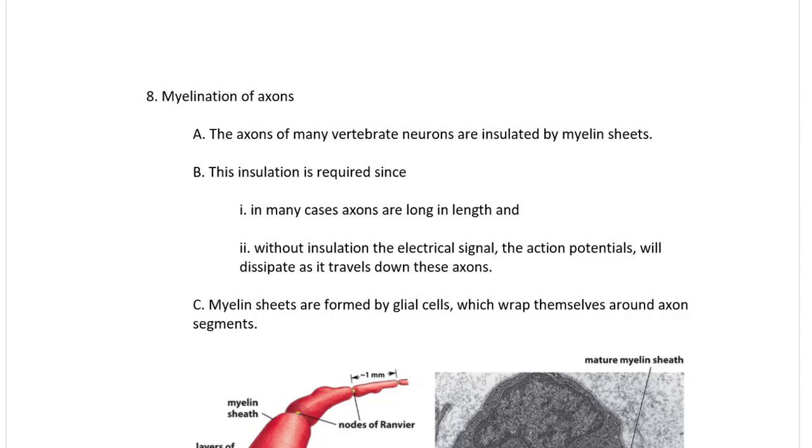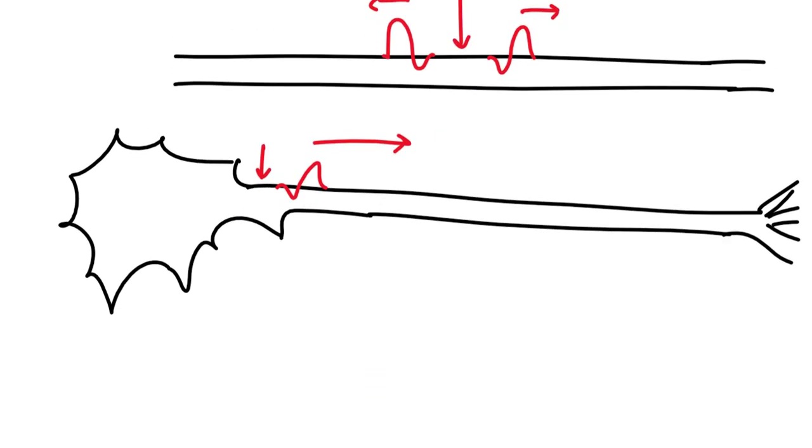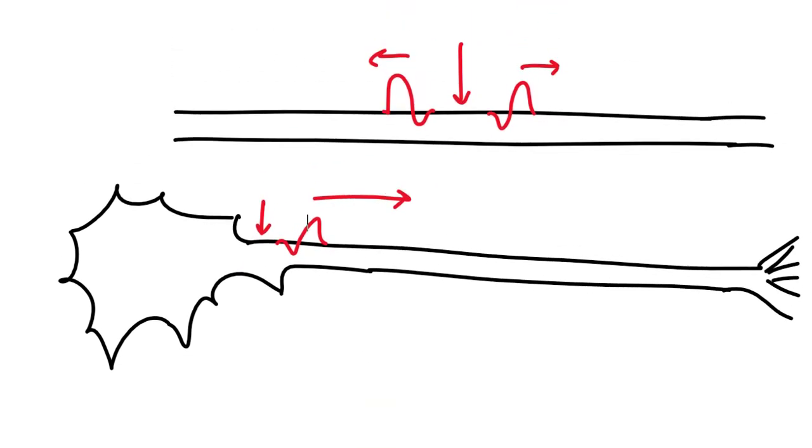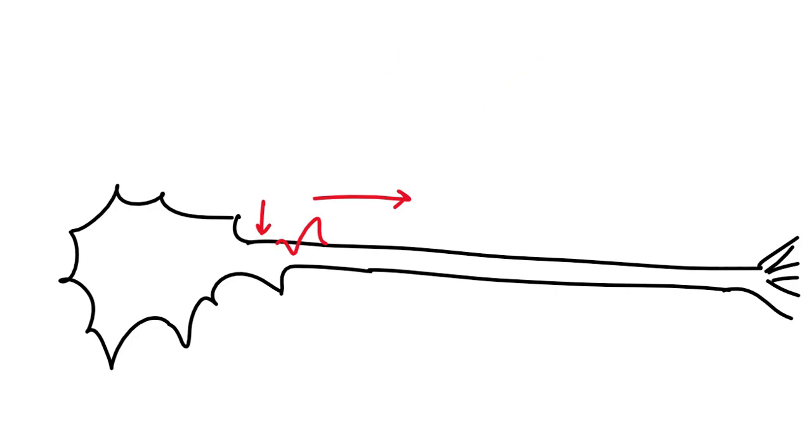What does that mean? We can use this picture here, and let me erase this thing right here. What will happen is once an action potential is initiated, it will flow down with a certain amplitude. And since the axon can be about 1 meter long, especially for central nervous system neurons, if it's not insulated, the amplitude will start to decrease and decrease until it disappears.